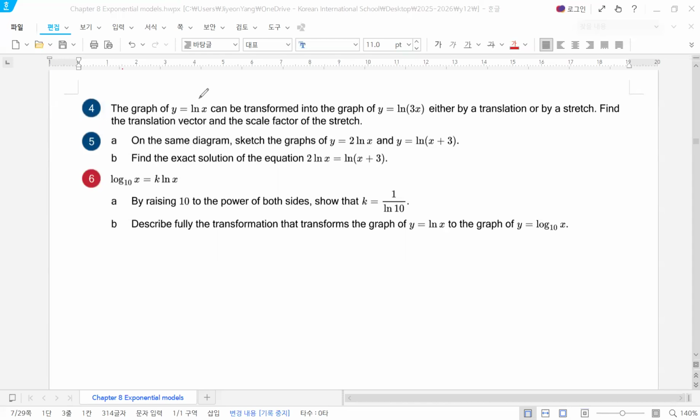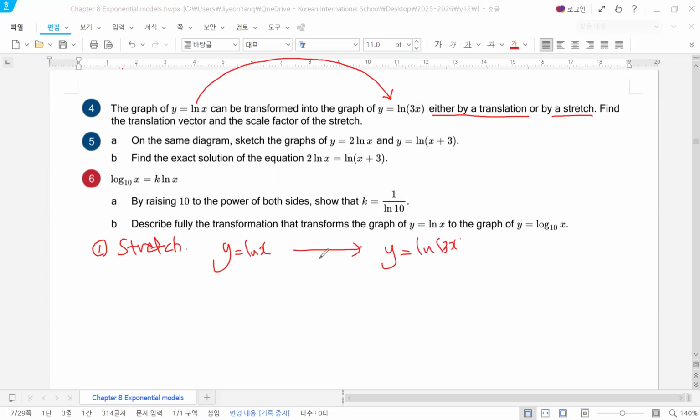Okay, students, y = ln x can be transformed. It's either a translation or a stretch, okay? So let's identify this one as a stretch first. y = ln x to y = ln 3x. It means that if we define this function as y = f(x), then we can write y = ln 3x as f(3x).